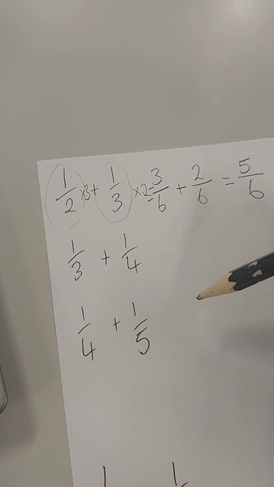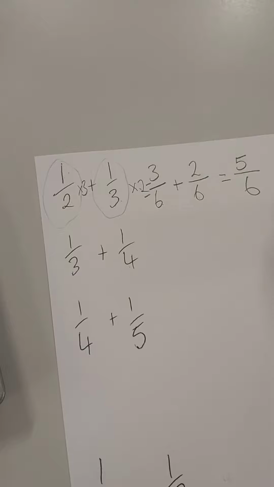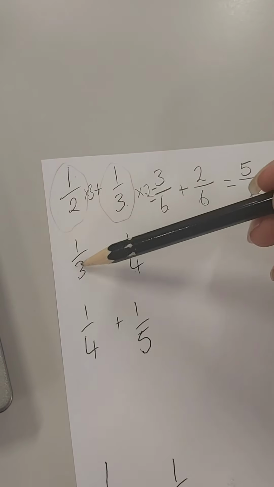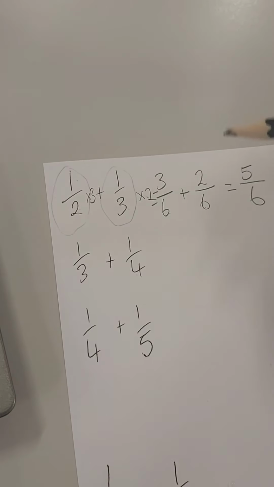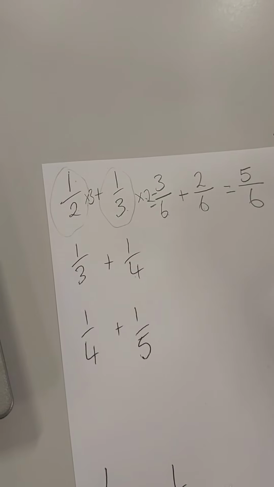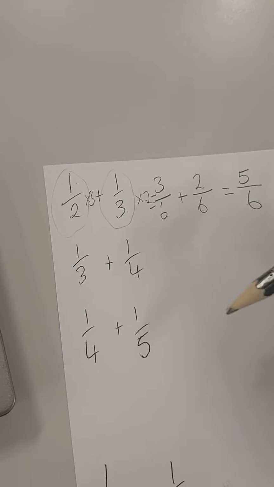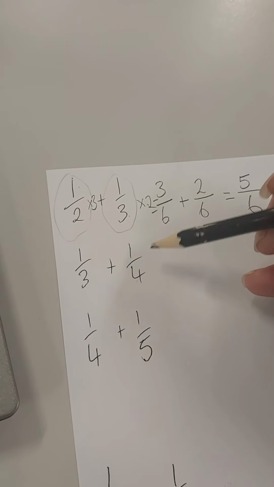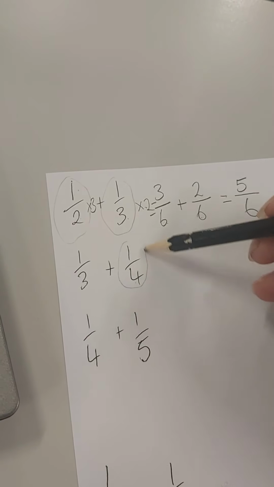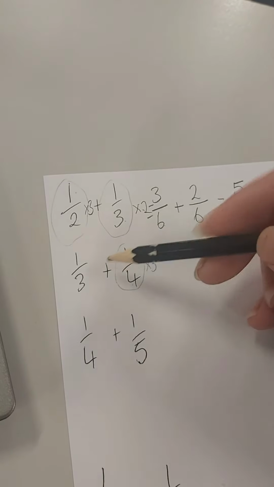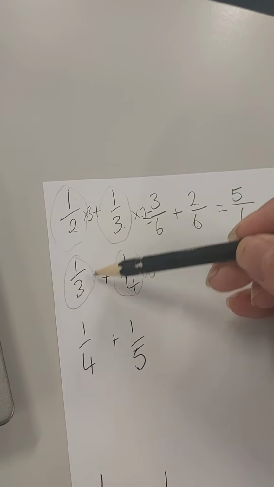Now, the number that the 3 and the 4 both go into, an easy way to do it is to times them together. 1 4 is 4, 2 4s are 8, 3 4s are 12, okay? So both of these numbers go into 12, and we get that by timesing this group by 3 and this group by 4.